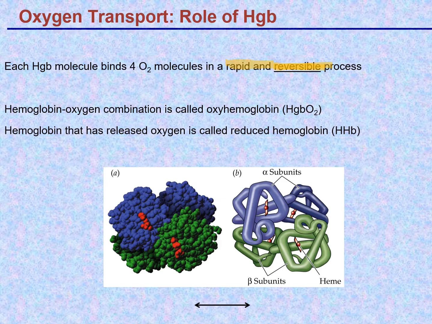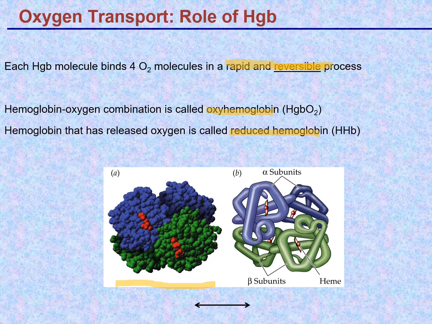This is a term that you won't hear too often, but when hemoglobin is combined with oxygen, technically the term for it is oxyhemoglobin. And if it has released its oxygen, then it's called reduced hemoglobin. Anyhow, here is a diagram. They're both showing hemoglobin. This is a more traditional type of sphere model of the hemoglobin molecule.